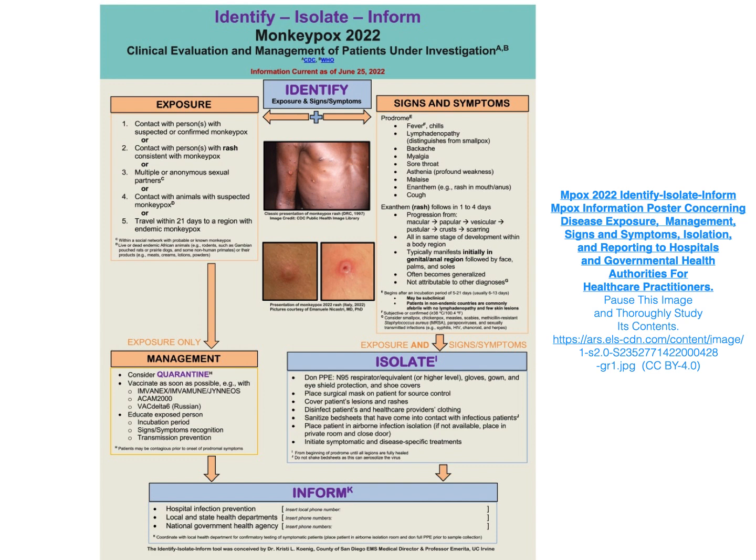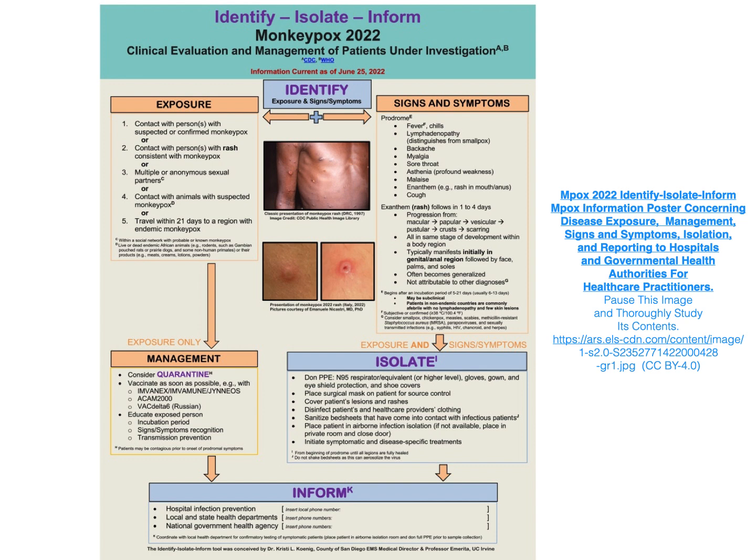In the case of exposure and signs, symptoms under consideration: isolate, don PPE, N95 respirator equivalent or higher level, gloves, gown, and eye shield protection, and shoe covers. Place surgical mask on patient for source control. Cover patient's lesions and rashes. Disinfect patients' and healthcare providers' clothing.